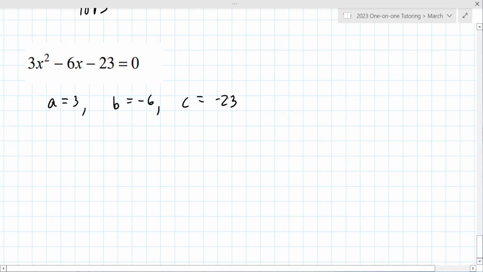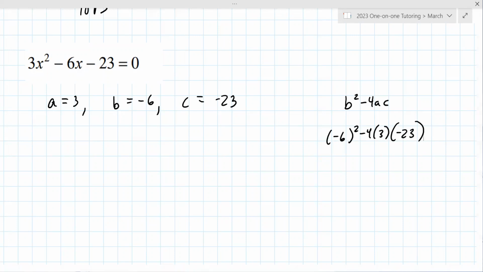Okay. All right, so first thing here is we're going to determine B squared minus 4AC. So that's parentheses minus 6 squared minus 4 times 3 times minus 23. Okay, so grab calculator and let me know what you come up with for that.